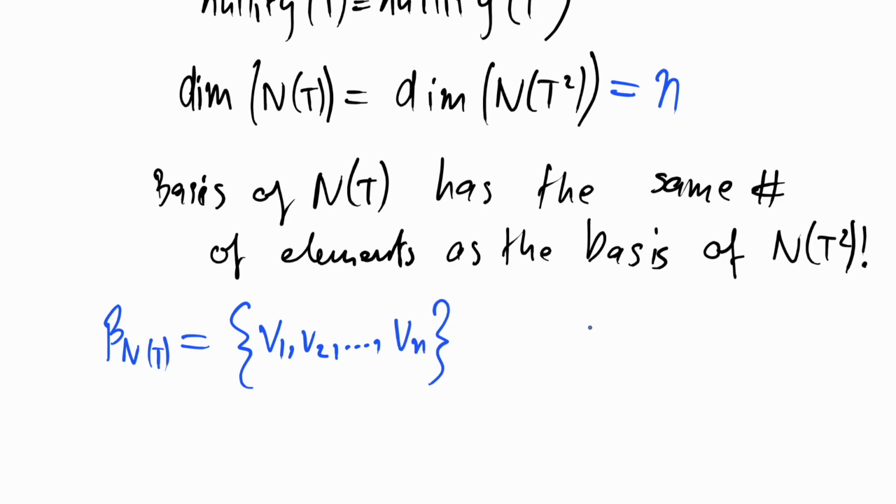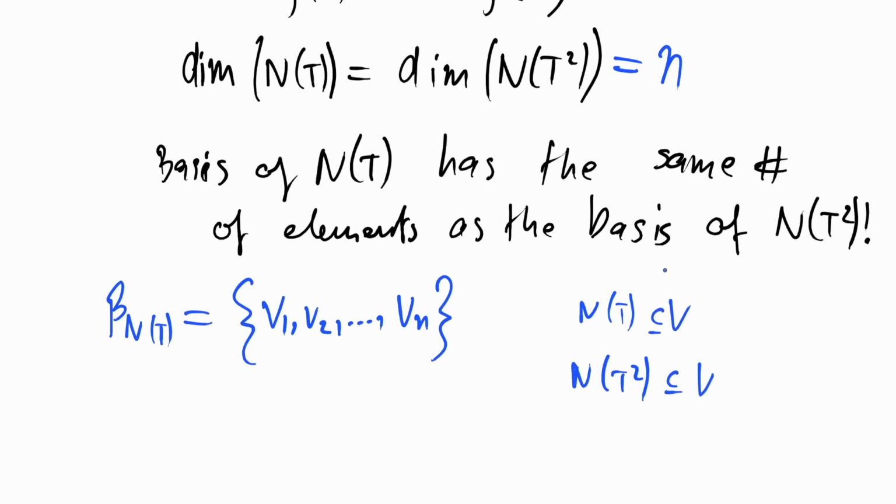Also, NT is a subset of V, and NT2 is also a subset of V. So V1, V2, all the way to Vn is one of the bases for NT. All of these elements are also part of V. Keep that in mind.